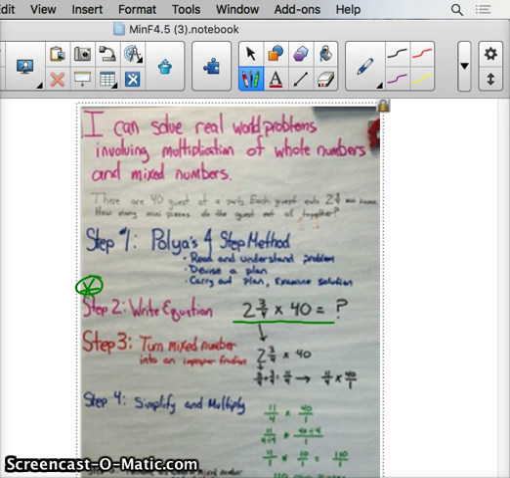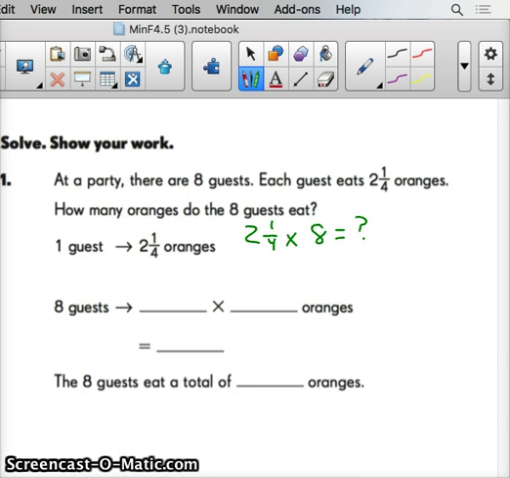My next step says, step 3, I'm going to turn this mixed number into an improper fraction. So we're going to turn 2 1/4 into an improper fraction. And I'm going to be using the denominator 4 in this to stay the same. So I'm going to keep that there. I know it's going to be a 4 at the bottom.